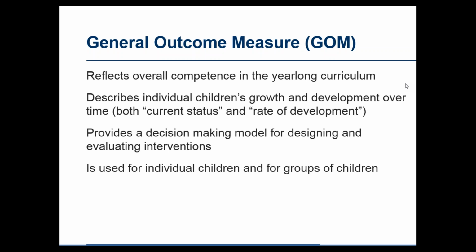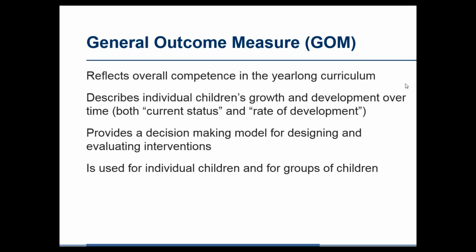General outcome measures often address the limitations associated with mastery measures. A general outcome is program independent. As a result, it reflects overall competence in the year-long curriculum, as opposed to being dependent on a single instructional sequence or particular program. General outcome measures describe how students are growing and how they develop over time.